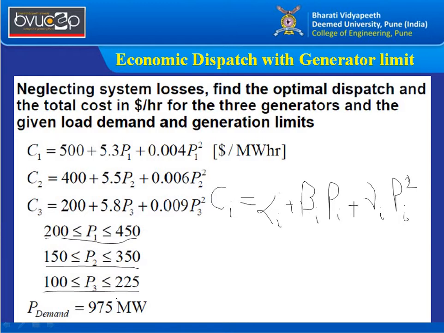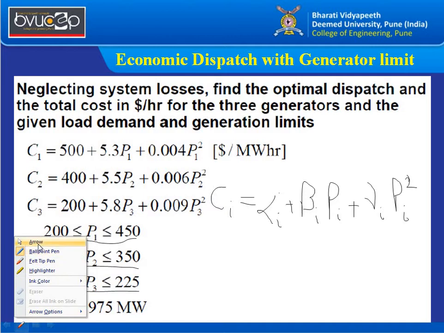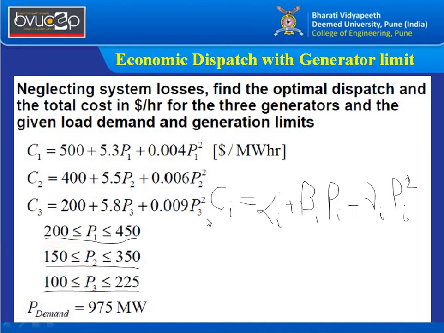So this is the equation that we are considering here. This equation is going to be useful as the objective function. It is applicable for all the terms. So it will be easy for you now to understand the parameters for beta and gamma. So the demand is 975 megawatt now.